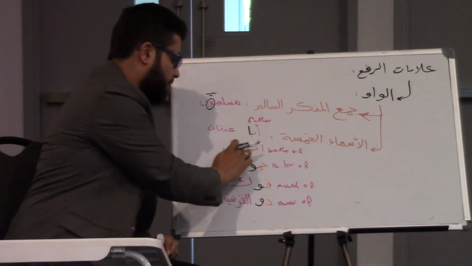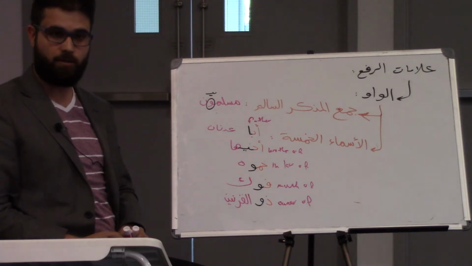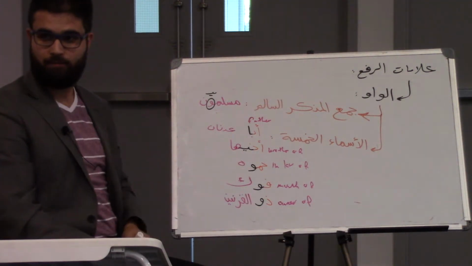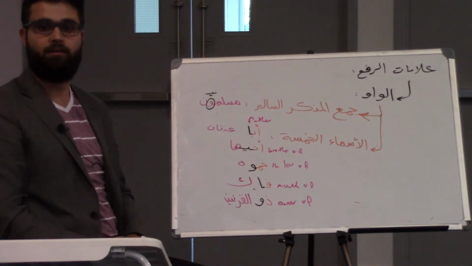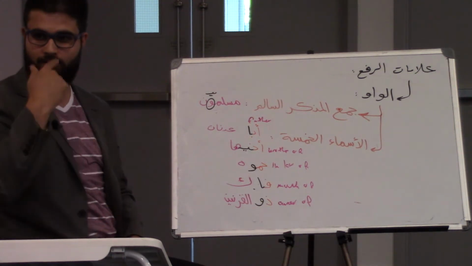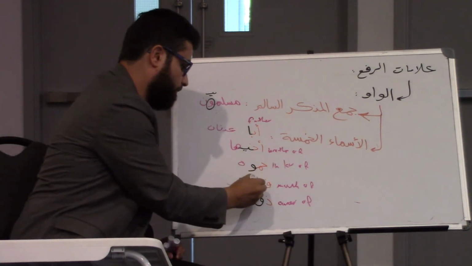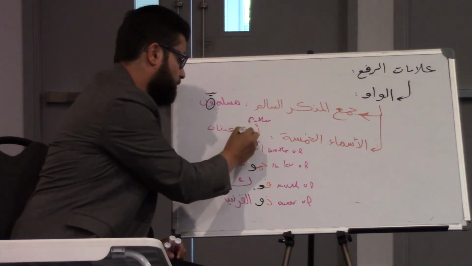If you see akhiha, then you know that this is not marfu', because for marfu' you would have found the waw. And the same thing, faka. All it means is that it's not marfu'. If it was marfu', you would have found waws everywhere, because that is the marker of rafa' for these 5 nouns, the waw.